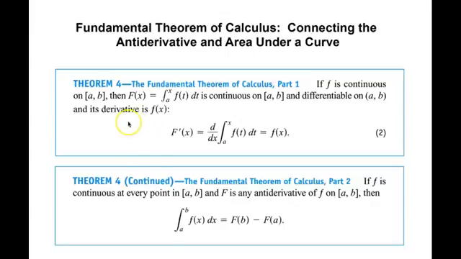That is why you see where it says its derivative is f of x, meaning that the antiderivative, if we take the first derivative of that, we end up getting the function f of x back again.